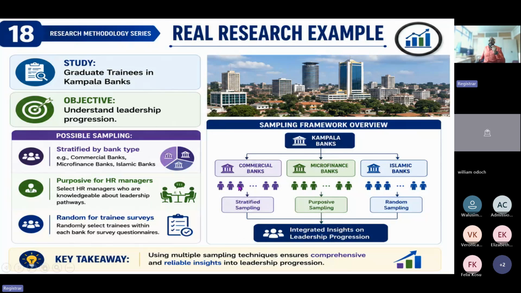If you look at the sampling framework, the banks can be in strata, individuals or leadership can be in purposive, and the graduate trainees in the banks can be in random. So you have to understand that in your research you can combine all these things, but there should be a good reason.